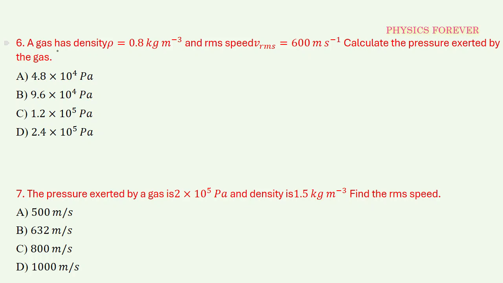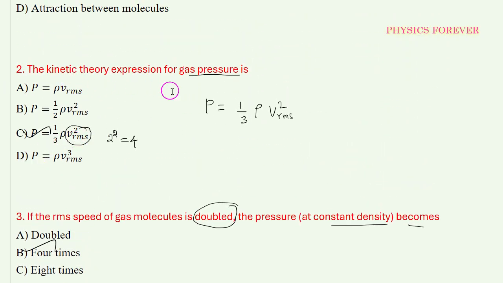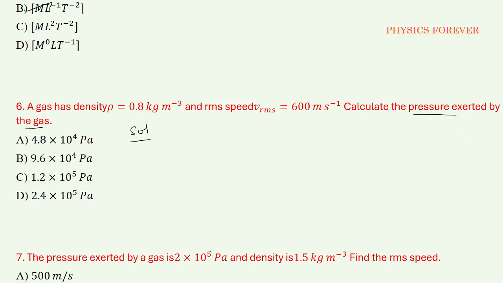Question number 6: a gas has a density rho and a root mean square speed, calculate the pressure of the gas. What is the formula for pressure exerted by the gas? The formula is pressure P equals 1 by 3 rho times the root mean square velocity squared. Just write the formula.